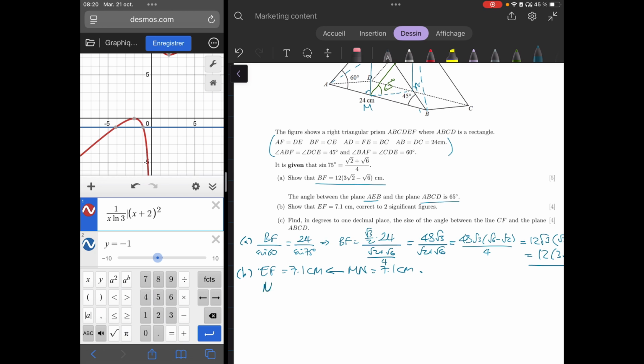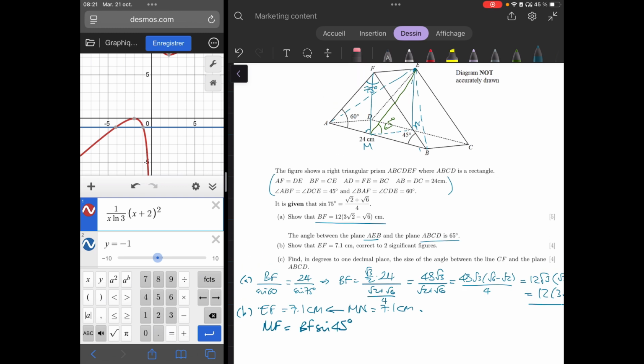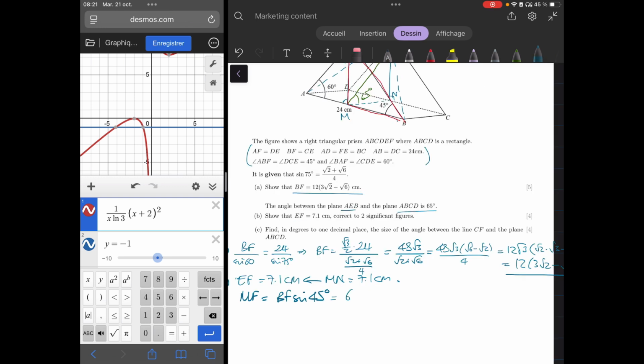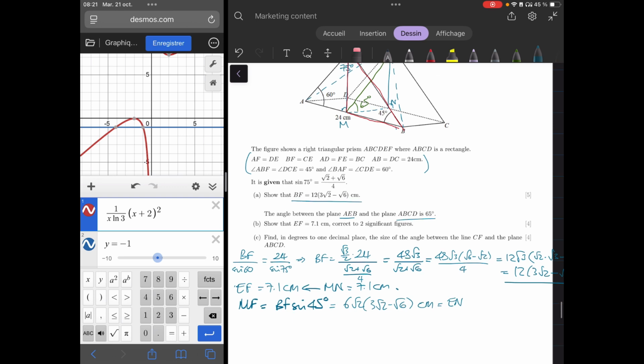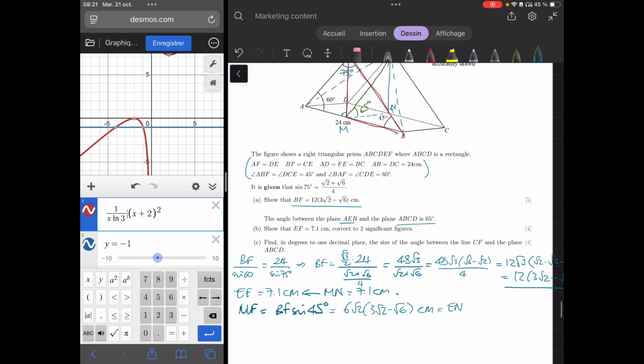So MF is simply equal to BF sine 45 in a right triangle FMB. And that would give you this length. This is equal to the length of EN. We also know that MN is the length to be found.